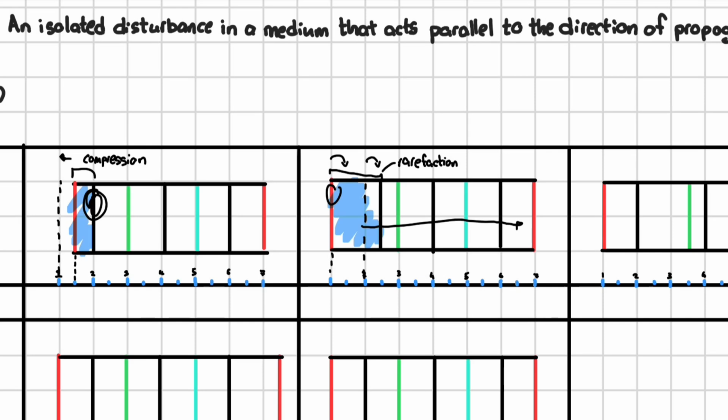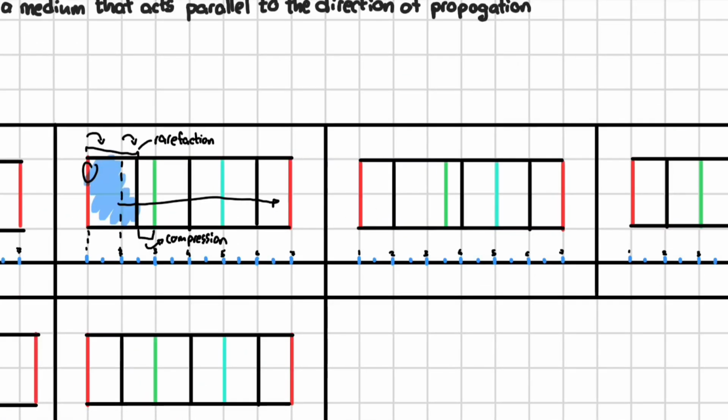We can see that in the second frame that we had worked with, the compression was between the red line and the first black line. In this case, the compression is between the black line and the first green line. Let's look at the fourth frame in the motion of the pulse.